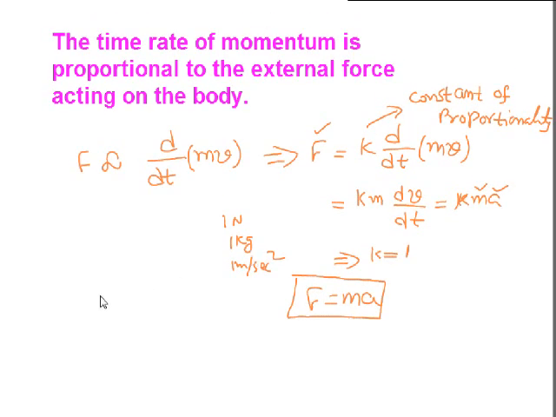If mass is not constant, you cannot take it out of the derivative, and then you have F is equal to d over dt of mv, which is equal to dm over dt times v plus m times dv over dt.